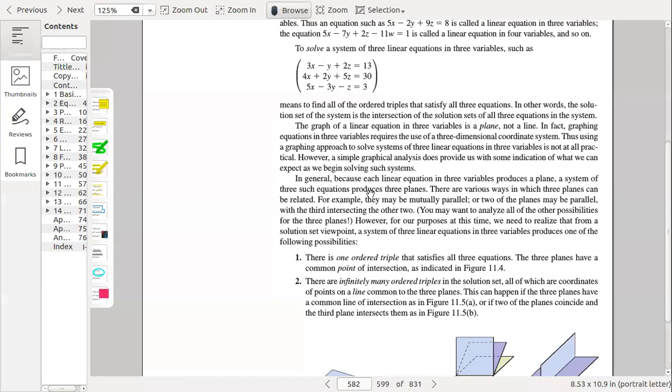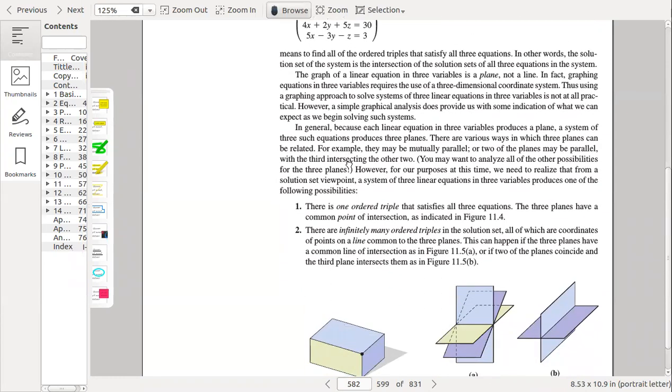In general, because each linear equation in three variables produces a plane, a system of three such equations produces three planes. There are various ways in which three planes can be related. For example, they may be mutually parallel, or two of the planes may be parallel, with the third intersecting the other two.